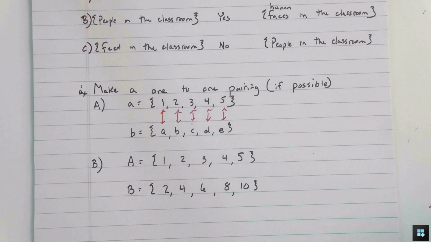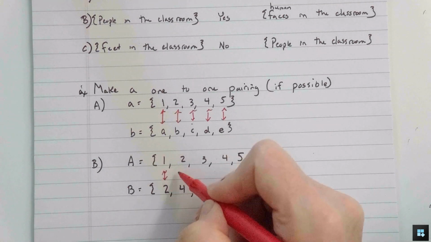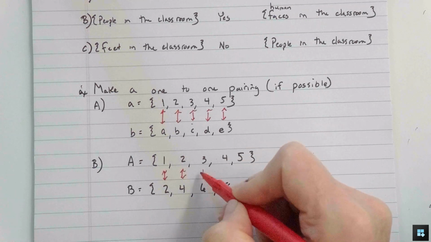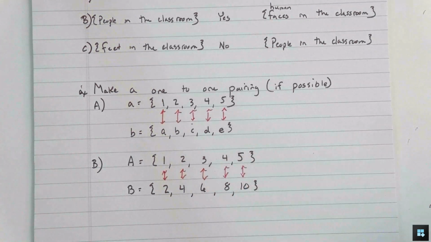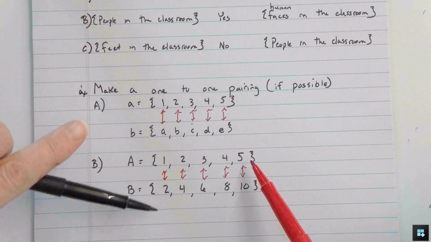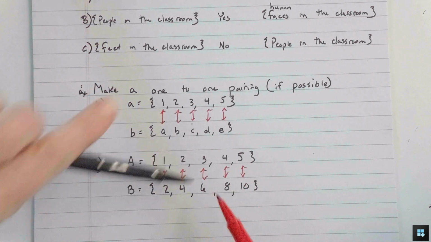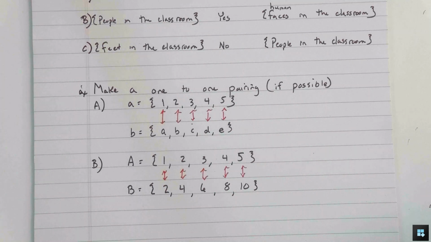Could you make a one-to-one pairing there? Yeah. And again, you don't have to put the 1 with the 2 and the 2 with the 4. I just can write shorter arrows if I do that. If you wanted to, you could put the 1 with the 10 and the 2 with the 5 and so on like that. You just draw longer arrows then.